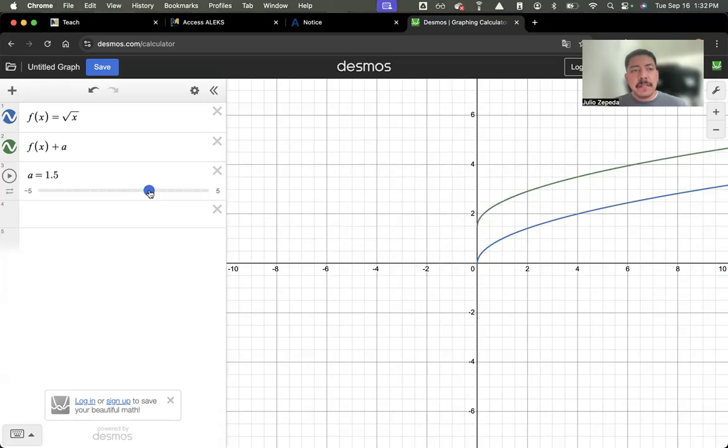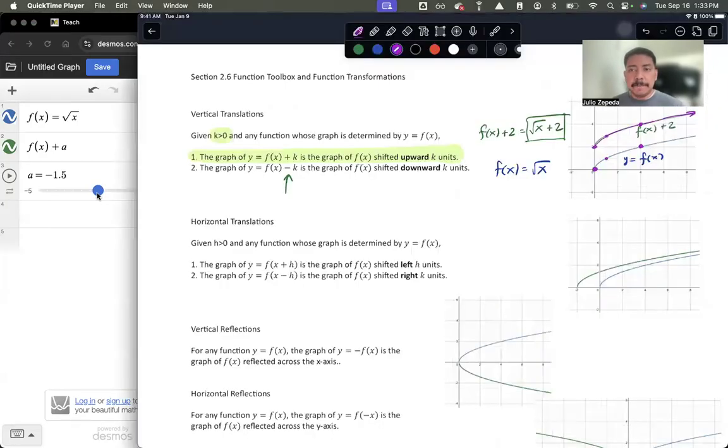This green graph, the parent function is in blue. As I increase the value of a, this graph just gets shifted up more. And then if we decrease the value to some negative value, so we subtract some value from the function f of x, then this function just gets shifted in the downward direction. So not too surprising. That's what we said on our previous slide.